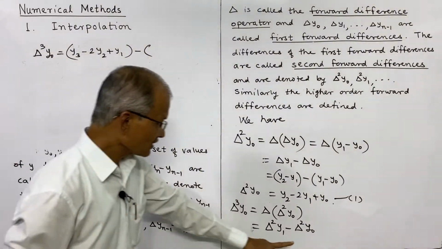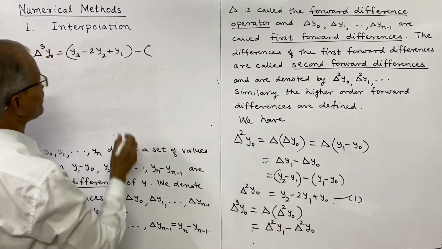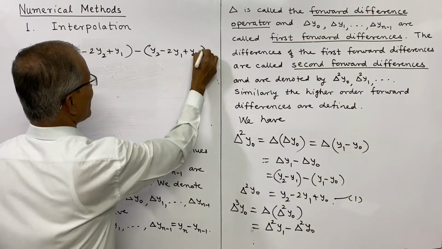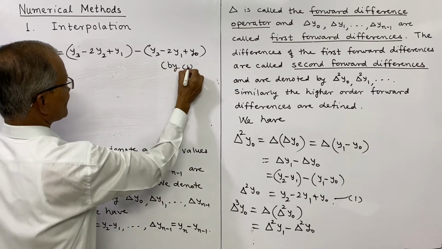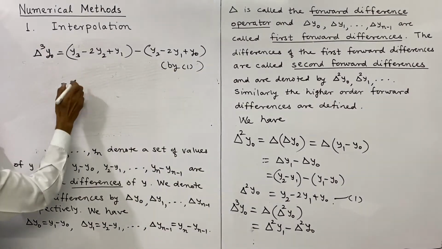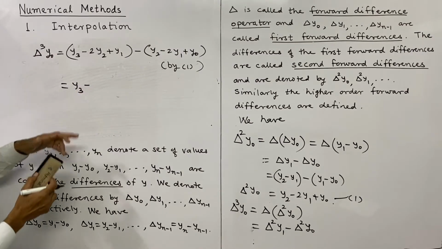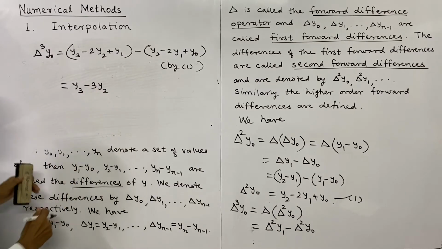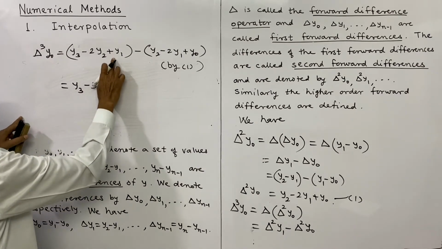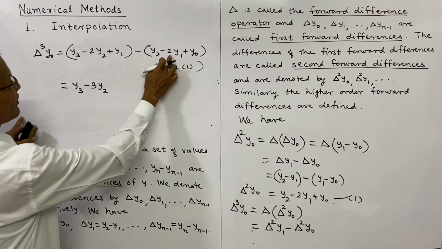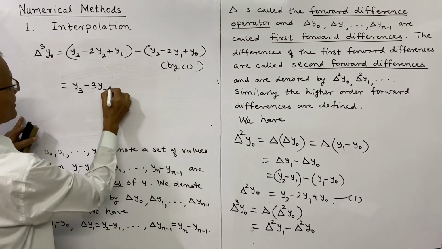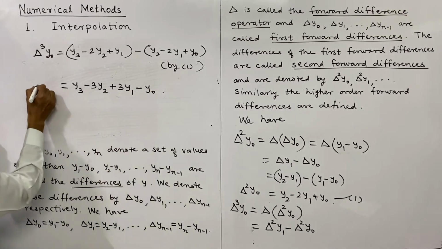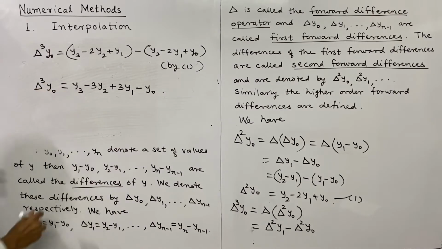Minus Δ²y0, which is y2 minus 2y1 plus y0. This simplifies as y3 minus 3y2 plus 3y1 minus y0. So this is the value of Δ³y0.